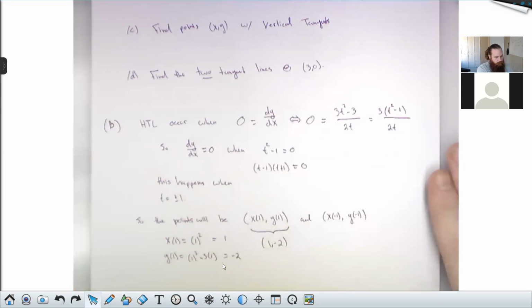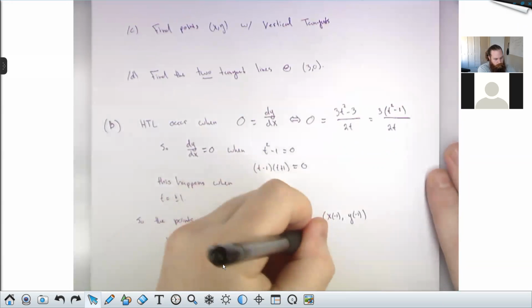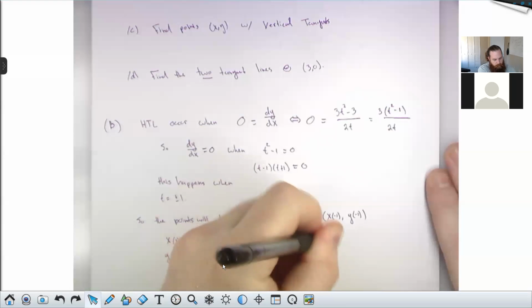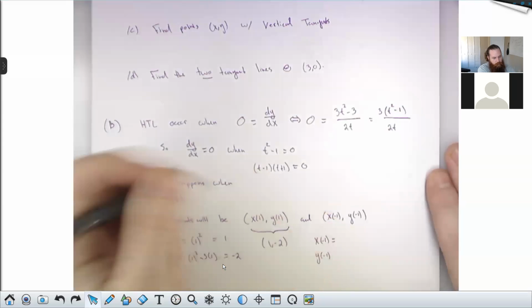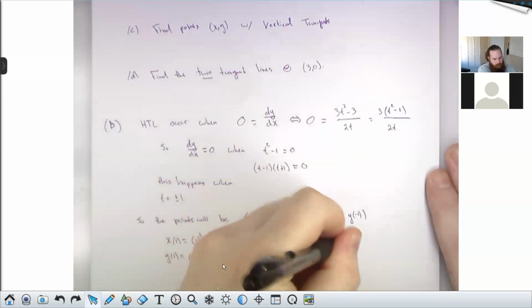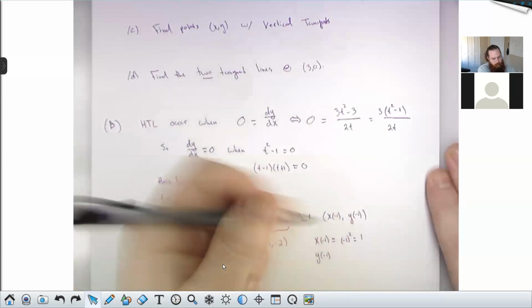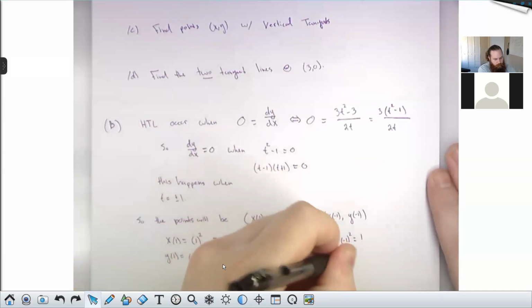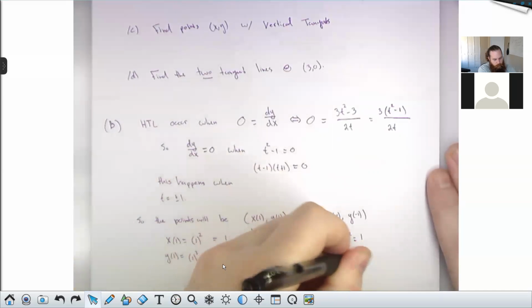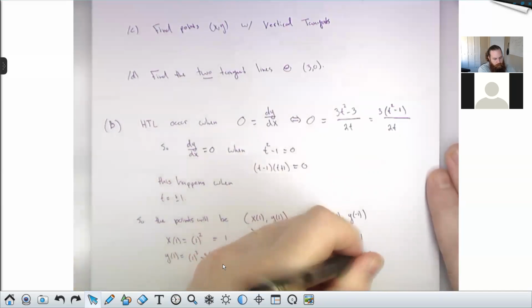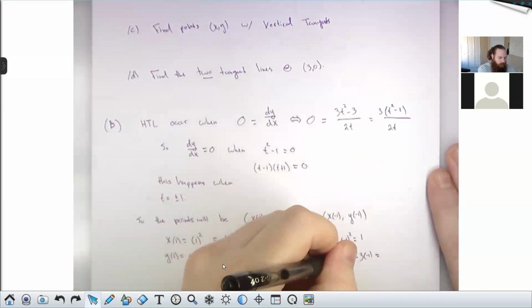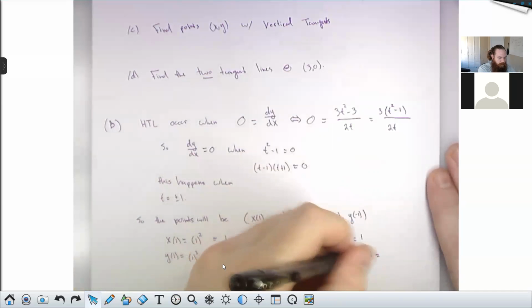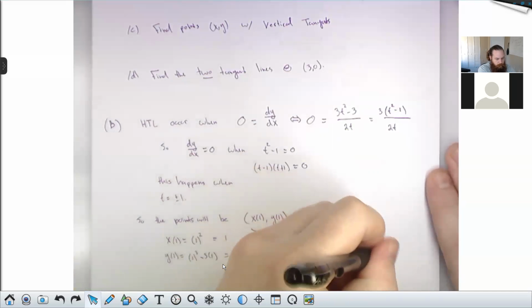The other one is going to come from x of -1 and y of -1. X of -1 is -1 squared, which is 1. Y of -1 is -1 cubed minus 3 times -1. That's -1 minus minus makes +3. That's +2.